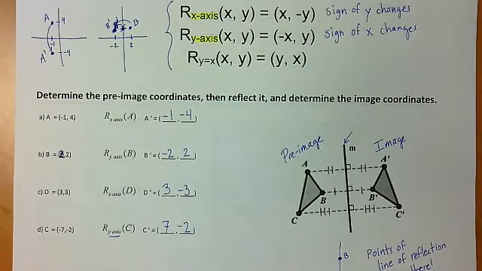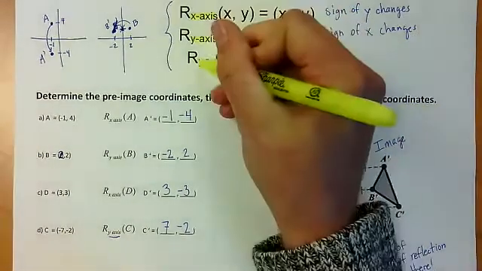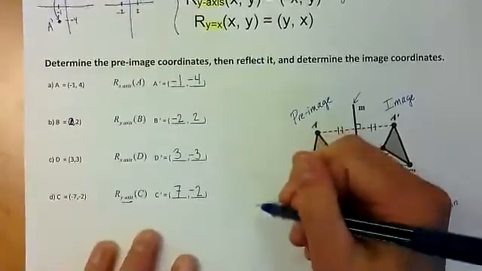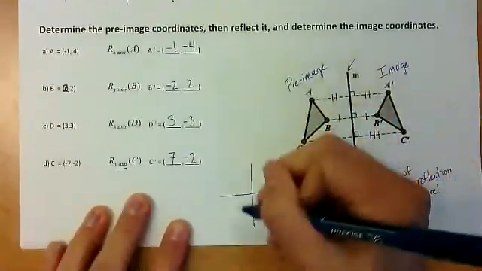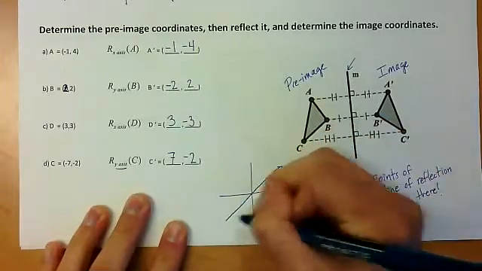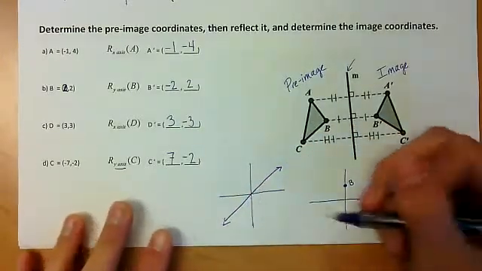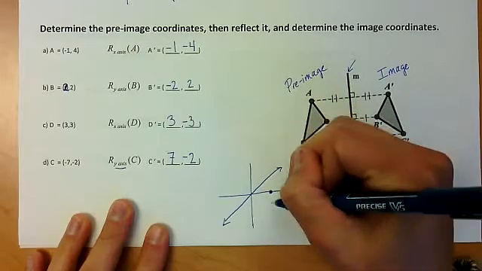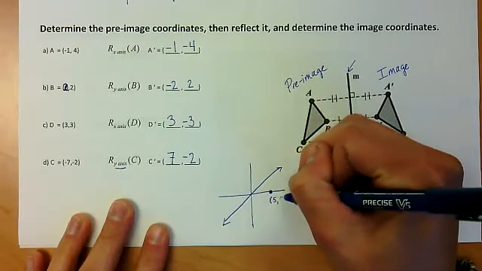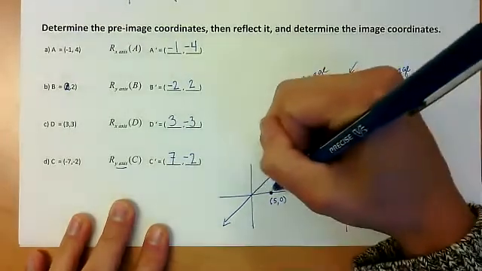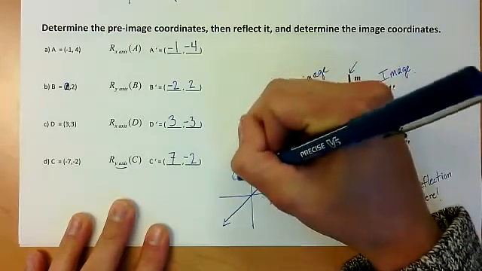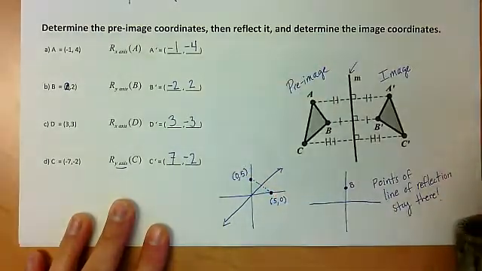All right, and then this last rule is, what if we are reflecting over the line y equals x? Well, what line is the line y equals x? That's just this line that runs right through the origin. So if I'm reflecting over that line, say we have some point 5, 0. When I reflect over that line, I'm going to end up at 0, 5.